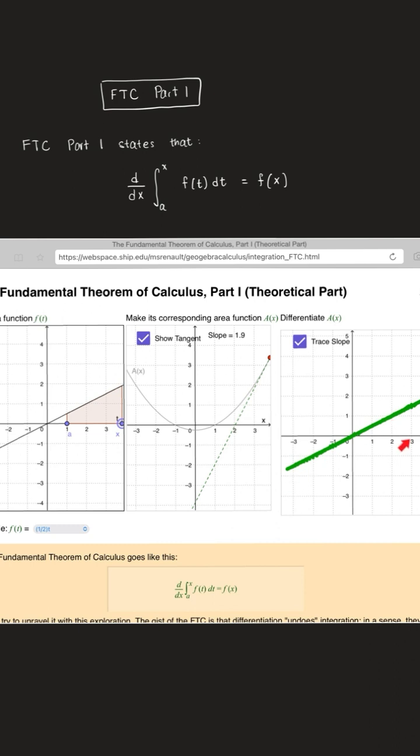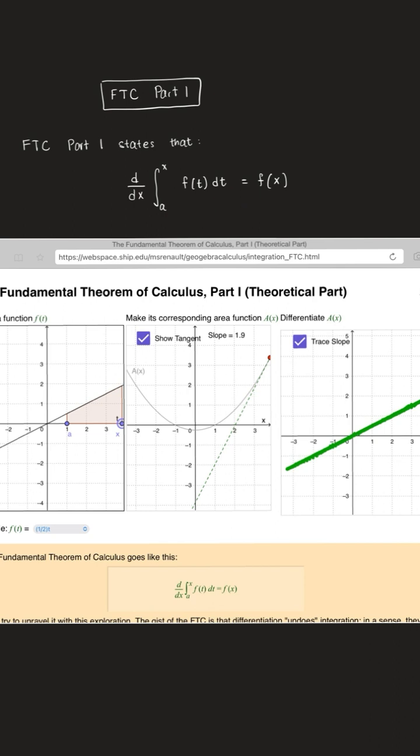For a specific value of x, now x is our independent variable along the x-axis, the y value is the slope of the tangent line at a specific point on the accumulation function. And that is what this fundamental theorem is saying: when we take the derivative with respect to x of the accumulation function, we get the original function back.